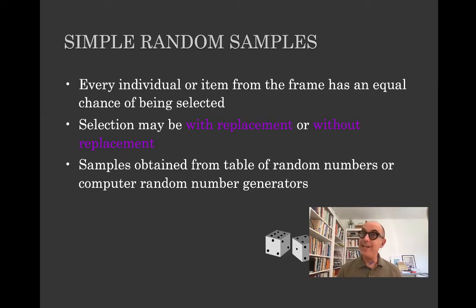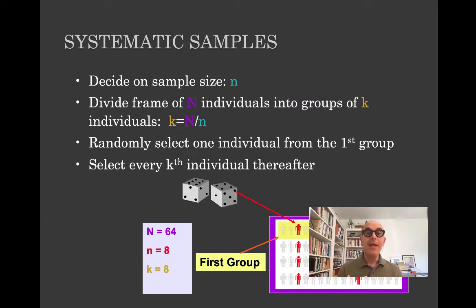And we will learn about that in practice using R. In systematic sample, we decide on sample size n, and we divide the frame of capital N individuals into groups of k, where k is equal to capital N divided by n.